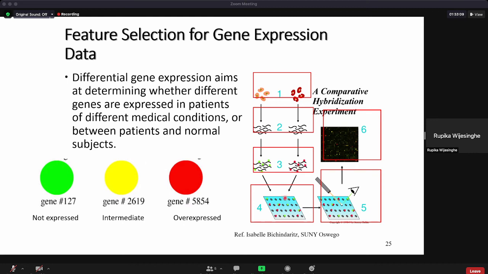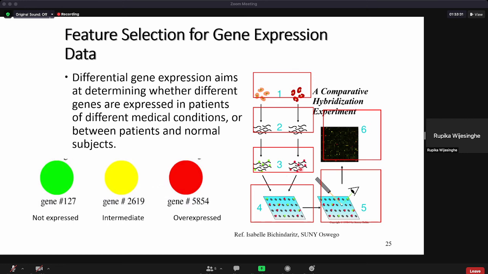This gene will be more in the patient, so this spot will be more red, so we can say this gene is overexpressed in the patient.